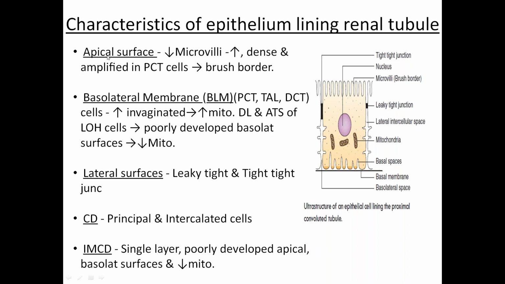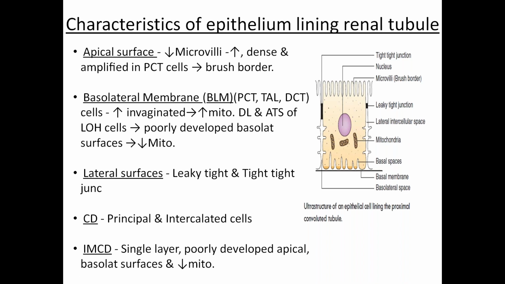The apical surface of cuboidal cells bears a few microvilli in general, which are numerous, dense, and amplified in the PCT cells to form the brush border. So these microvilli have a brush border appearance on the apical surface of the renal epithelium.